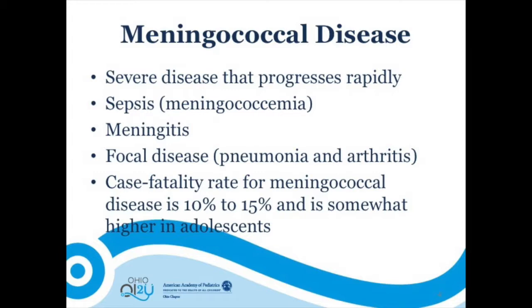This bacteria can also cause meningitis, which is an infection of the meninges, the covering over the brain. The meningococcus can also infect the lungs, leading to pneumonia, and it can infect the joints, leading to arthritis. The case fatality rate for meningococcal disease is 10 to 15%, and this rate is somewhat higher in adolescents.